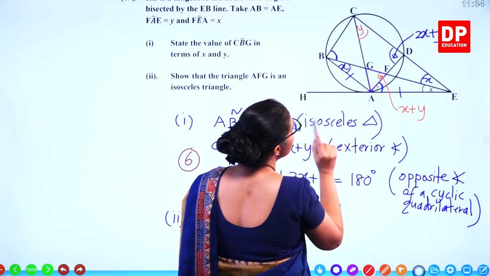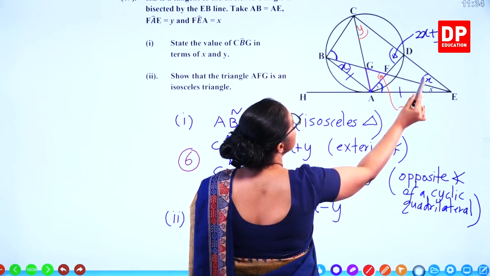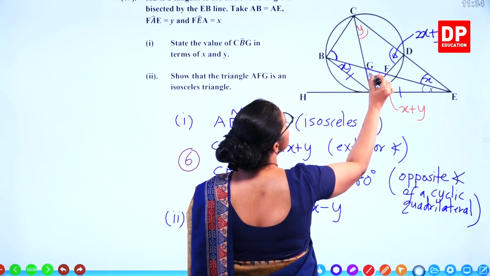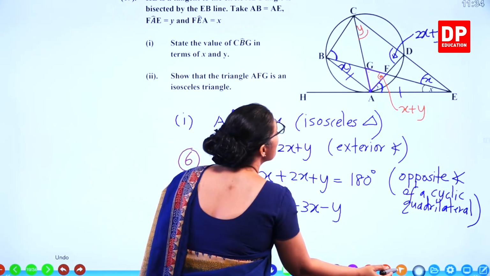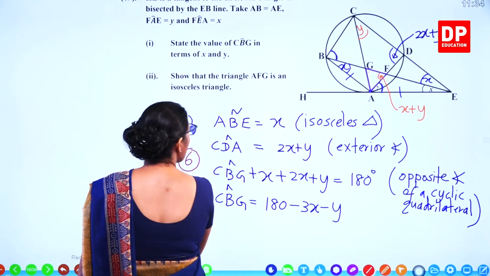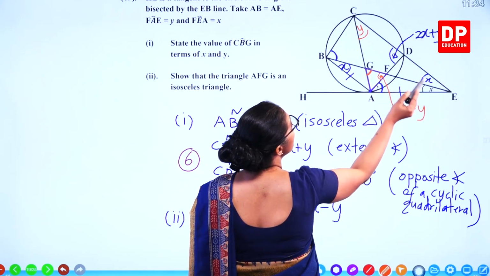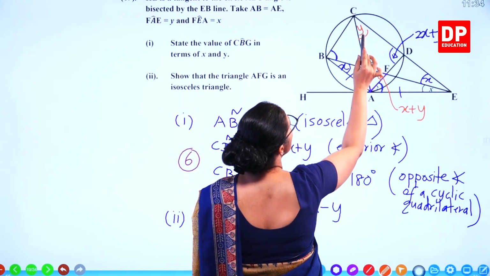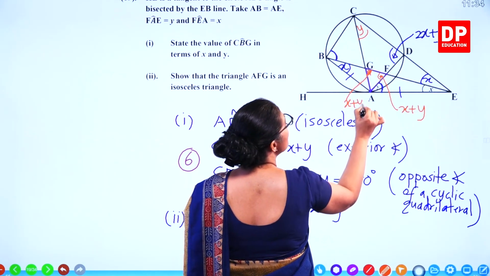Now look at carefully, this triangle, this is x, this is y. So this is the exterior angle of these two. So this is x, this is y. So this is also x plus y. Now can you see?